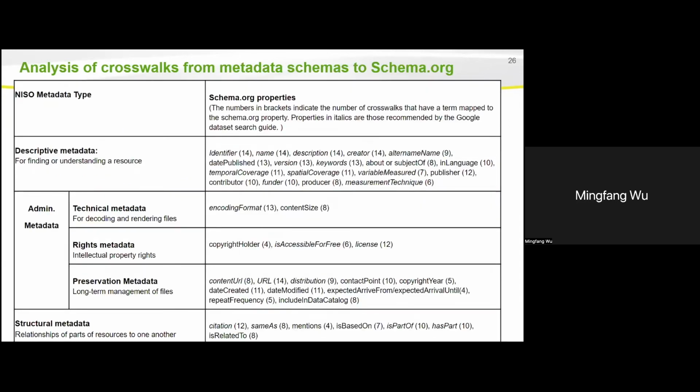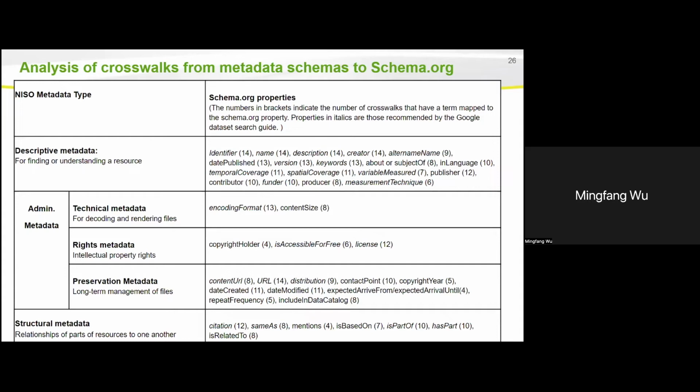So we did a further analysis of crosswalks to identify gaps in using schema.org vocabularies to describe research data. So we categorized the mapped terms into the 6 categories by the National Information Standards Organization.